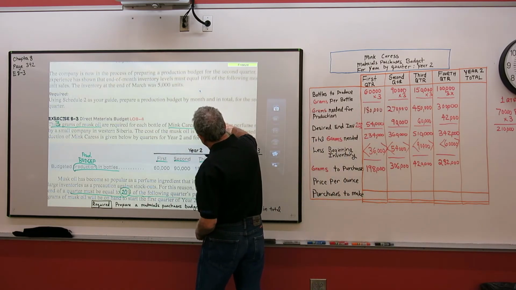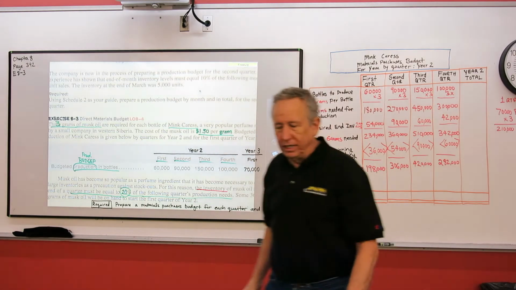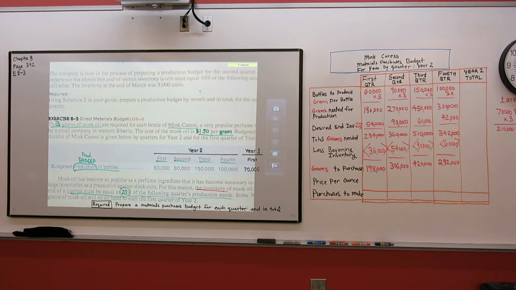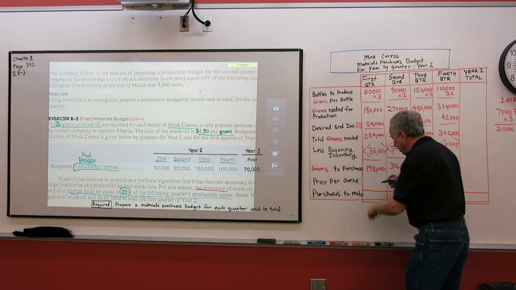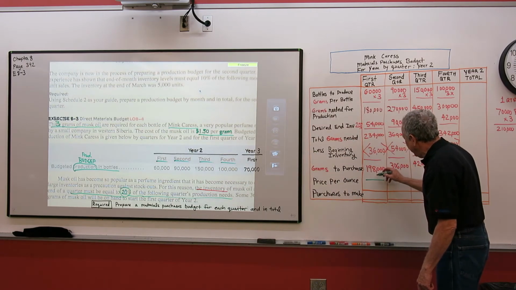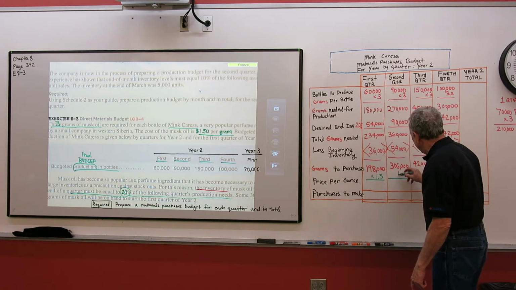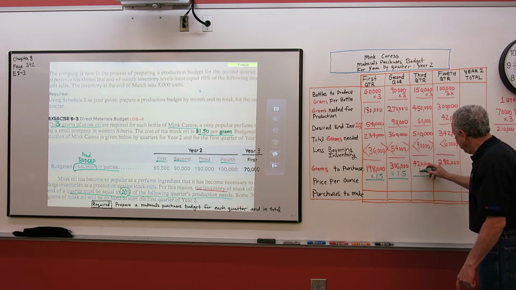Again, the cost is $1.50 per gram. Let me check again just to make sure I'm not running out of tape here. Yeah, I'm not. Okay, so it's $1.50 per gram. We're going to multiply this times $1.50. Each one of these needs to be multiplied by $1.50 to get the cost. The total cost of what we're going to spend.